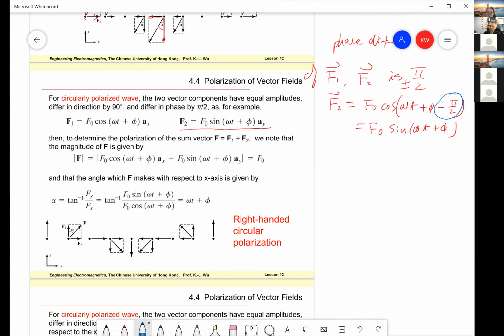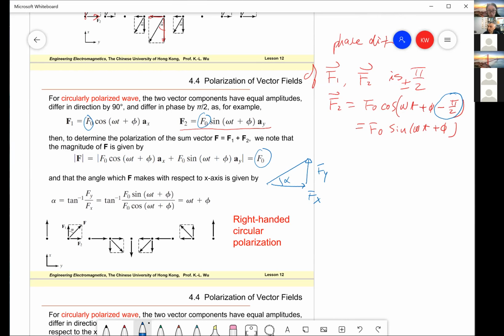Now let's look at F1 and F2. The magnitude is the same, F0, so when I combine these two, the magnitude is the same. Let's look at the angle again, with Fy and Fx.